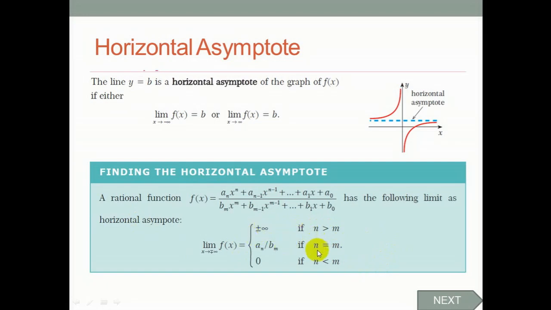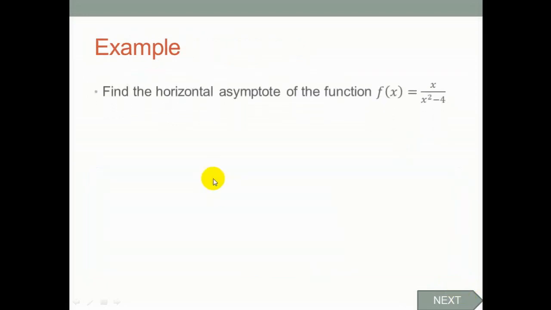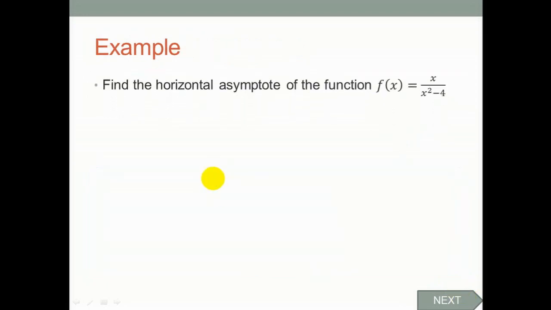If the degrees of numerator and denominator are the same, the result will be the ratio of the coefficients of the highest degree. And if the degree of the numerator is less than the denominator, the result will be 0.